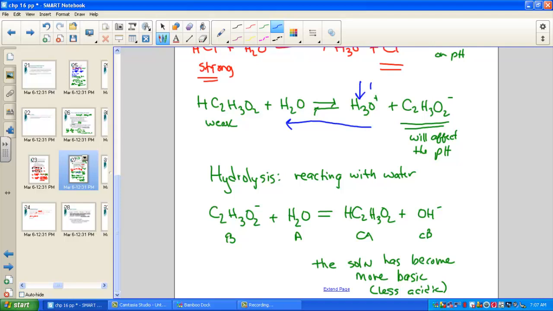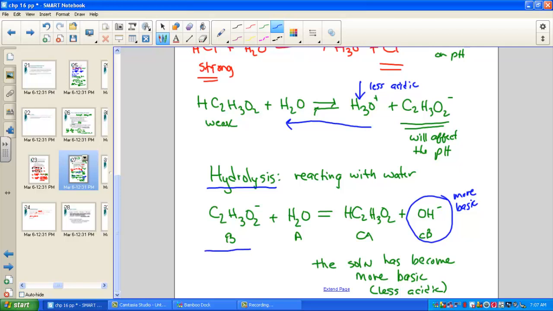Taking out hydronium makes the solution less acidic. Showing how acetate undergoes a process called hydrolysis shows the same effect, doesn't it? When acetate reacts with water, it forms its conjugate acid and the base ion. Producing the base ion makes the solution more basic. Same thing as saying less acidic.